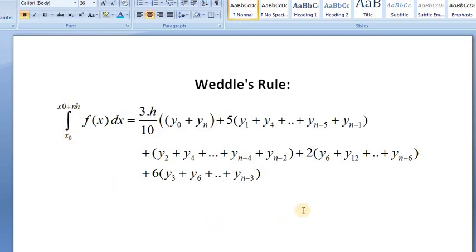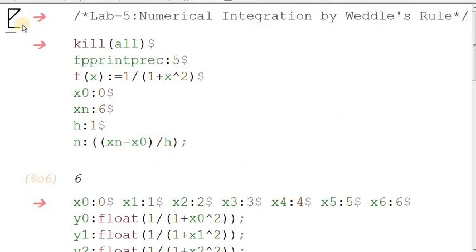Let us see how to write this program for one example. This is the Maxima window. So we can write slash star, lab 5, numerical integration by Weddle's rule, then star slash again. This line will not be executed because it is a comment line.